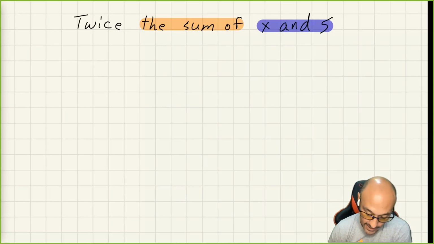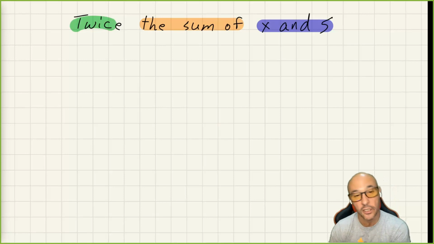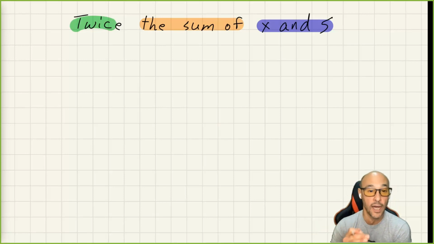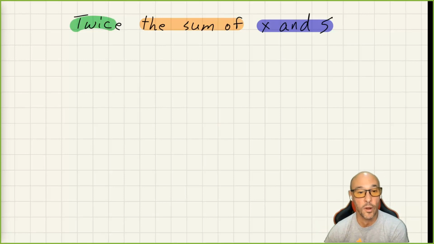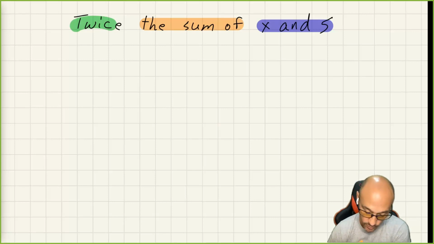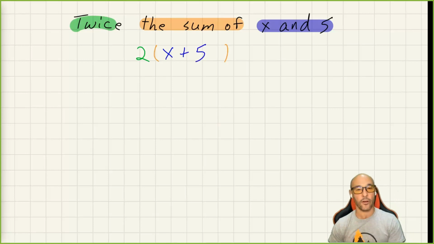And twice there tells us there's multiplication. Twice means 2 times, and remembering that is really key. So we have 2 times the sum of, and in this case we are adding x and 5 together.